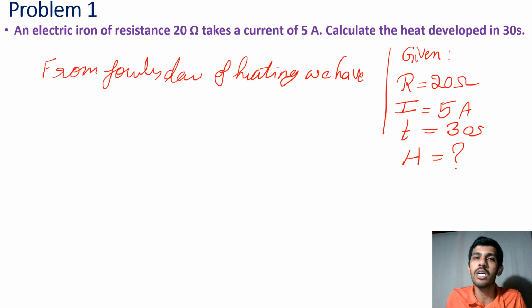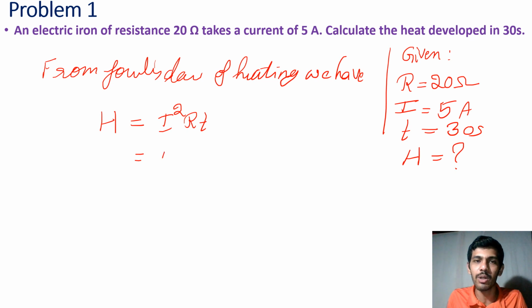From Joule's law of heating, we have H, the heat energy liberated, equal to I squared R t. This is the formula of Joule's law of heating. So substitute all these values. We have I, R and time, so you can calculate H easily.